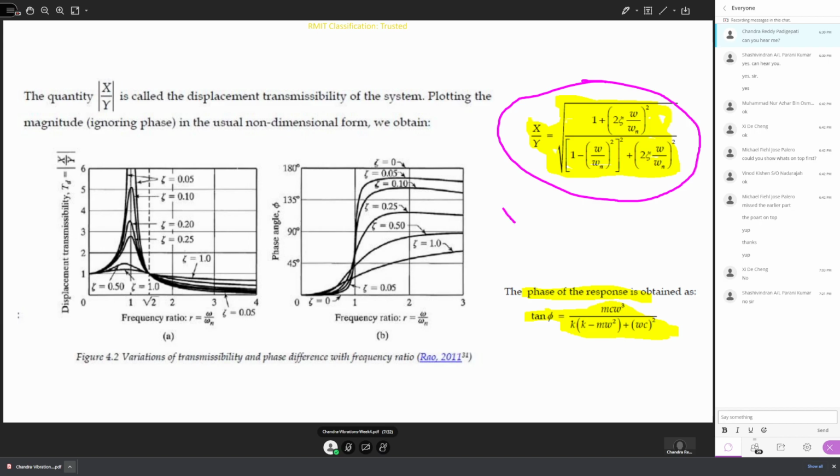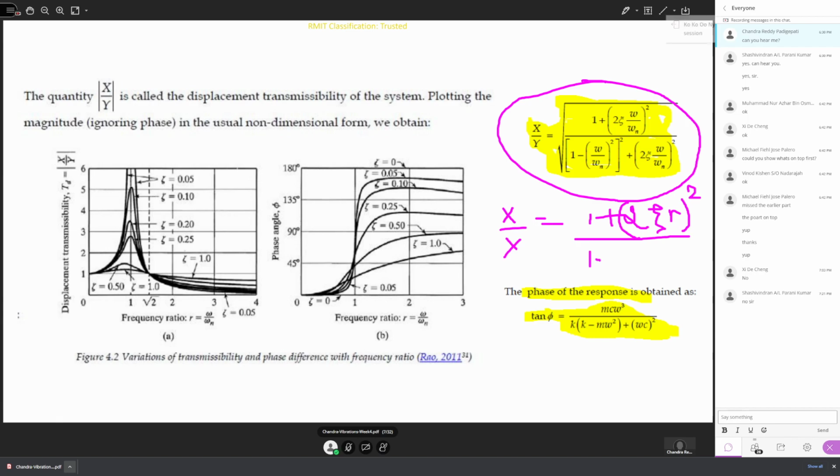So we can write x over y as the square root of 1 plus 2 eta r whole square, where omega over omega n you can write as r, over 1 minus r square.